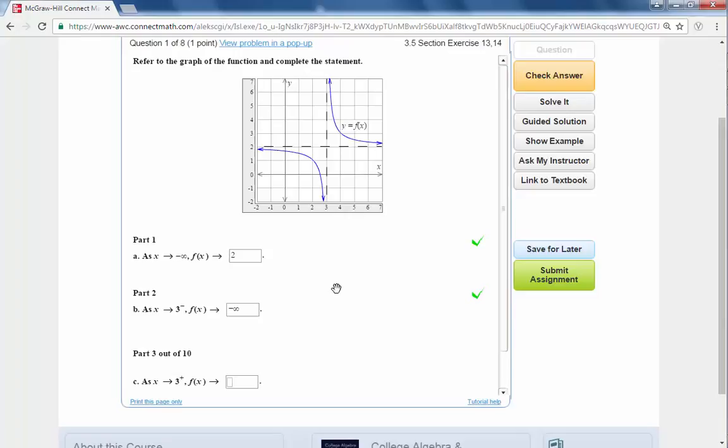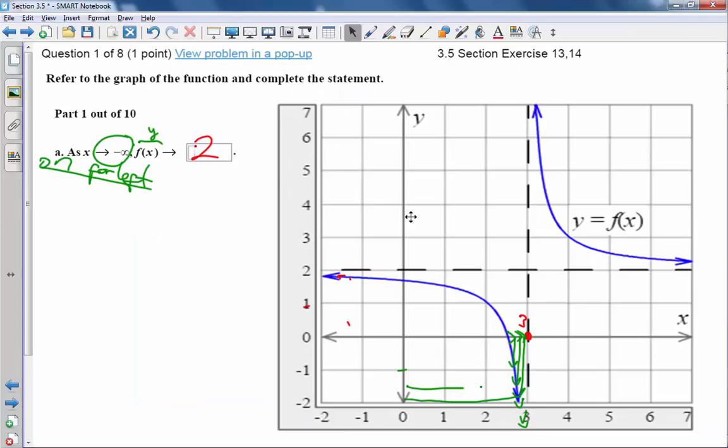Okay? How about the right side? Just think of the other side of 3 now. You're on the other side of 3. Your arrows are approaching from this side, getting closer and closer. Now where is my curve? Here. So choose a different color. Black. This arrow is going to create this one, that, that, and that, right?